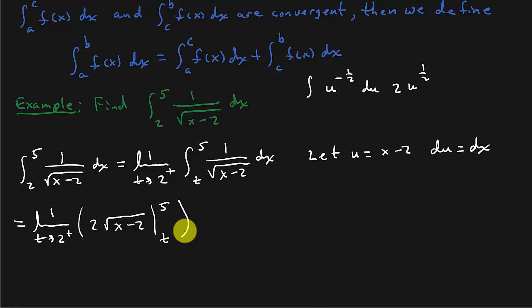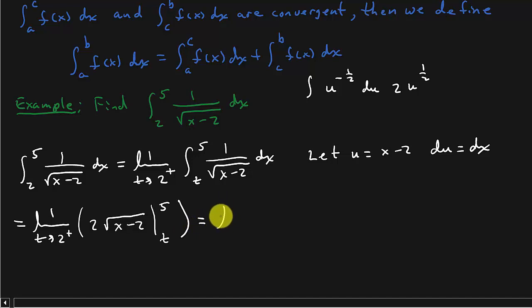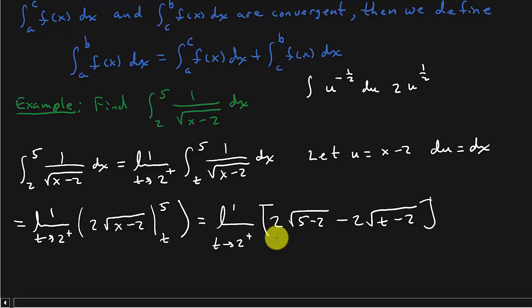All right. So I hope that made sense. I kind of skipped a lot, but you should know how to do this at this point in calculus. You've done this before. All right, so this is the limit as t goes to 2 from the right. That's going to be 2 times the square root of 5 minus 2, minus 2 times the square root of t minus 2.